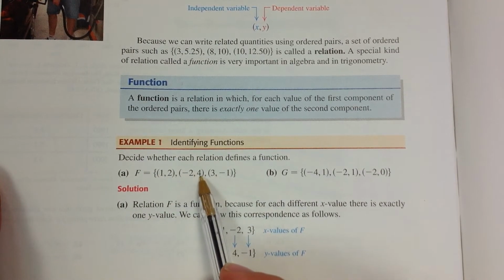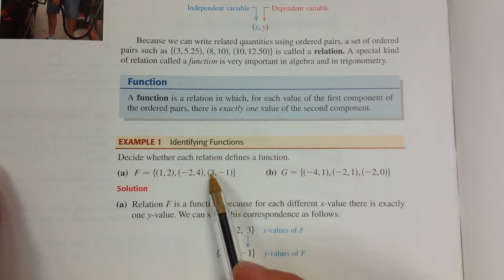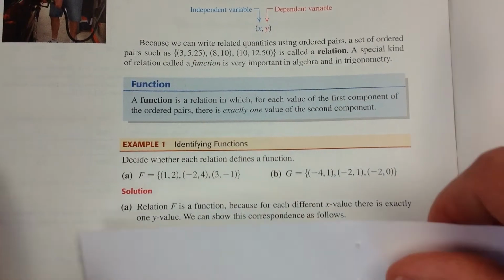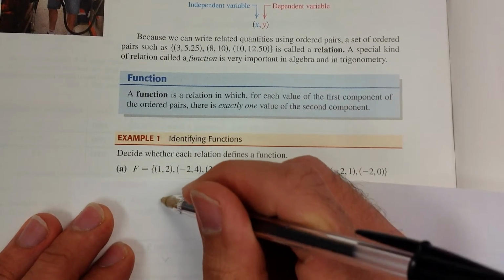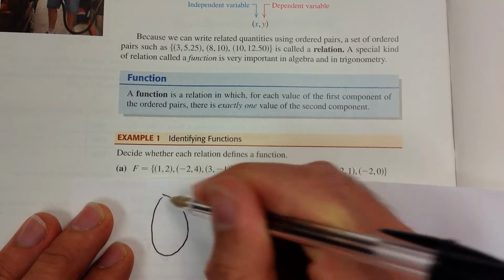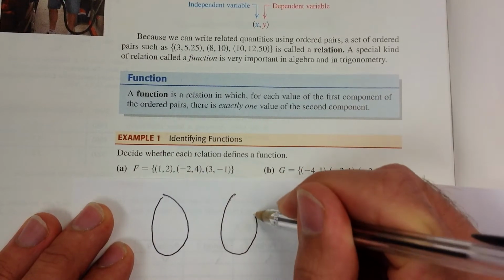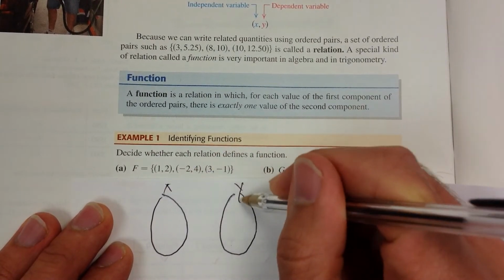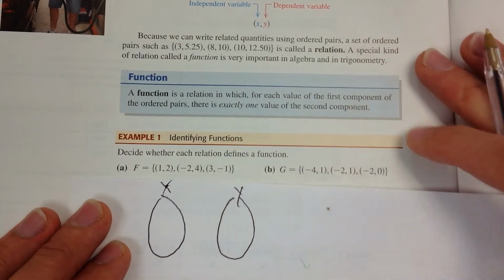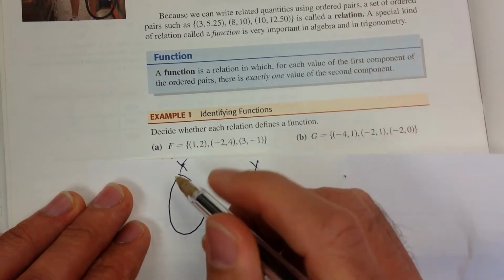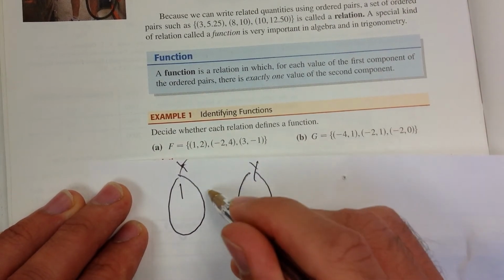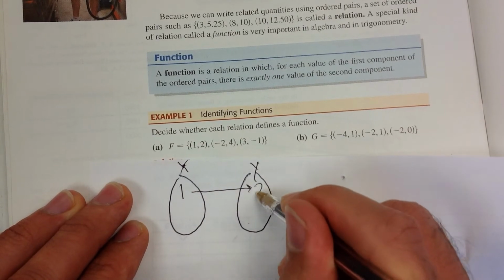Negative 2 is associated with 4, etc. What we want to know is, is this a function? So here's one way to do it. I'll put in 1, and that goes to 2.